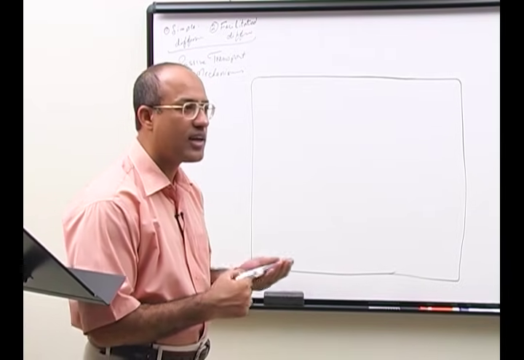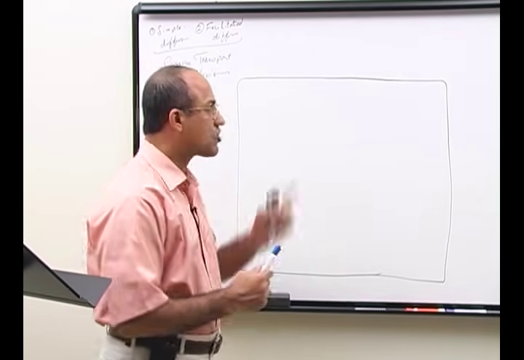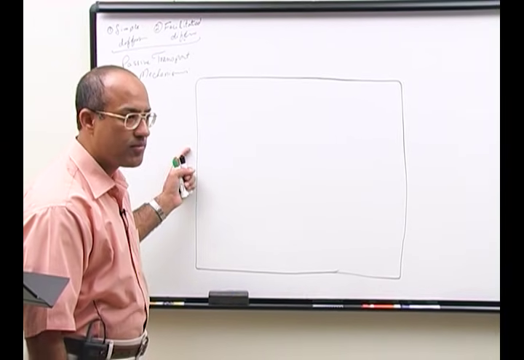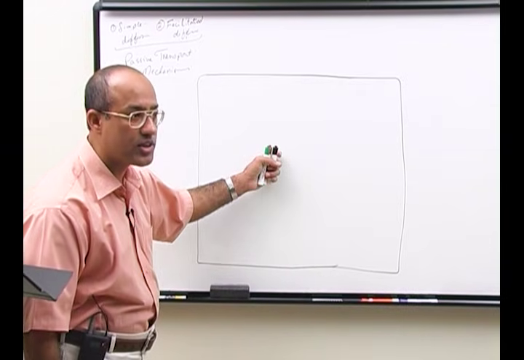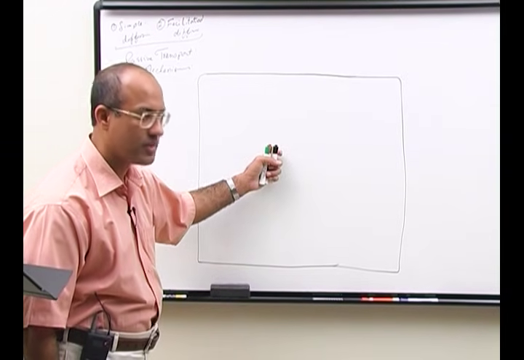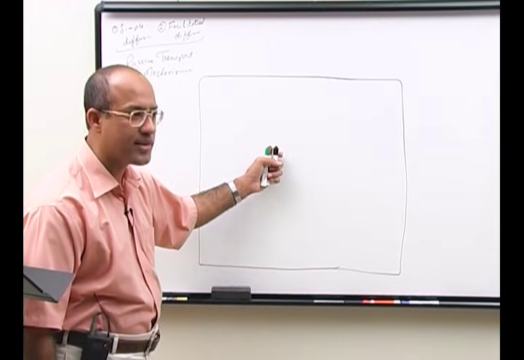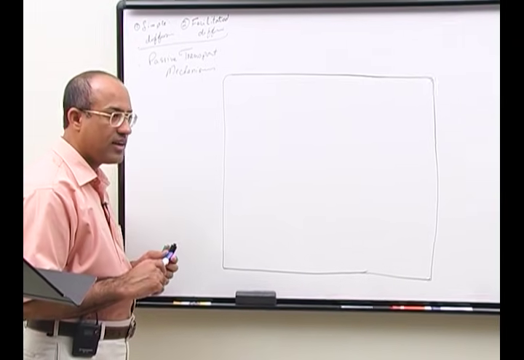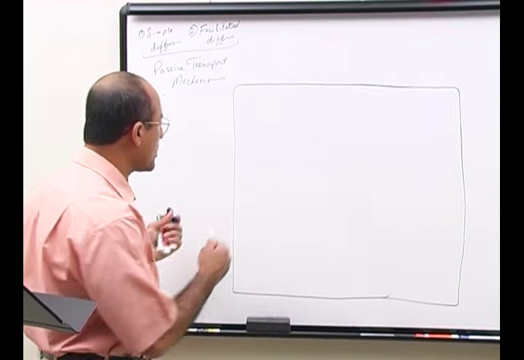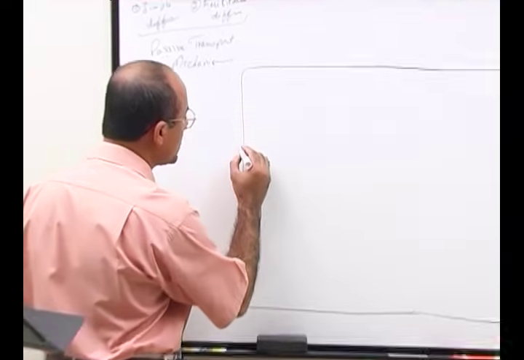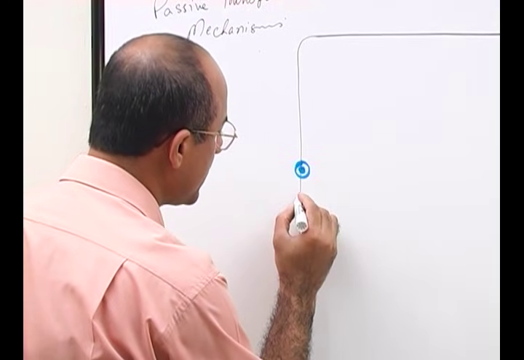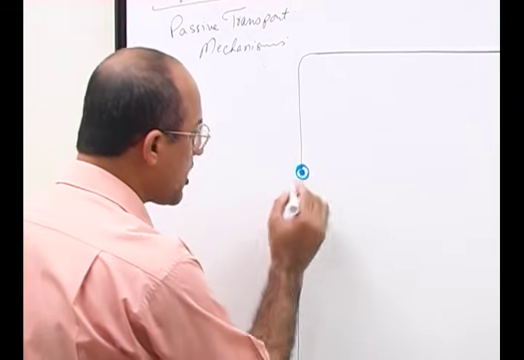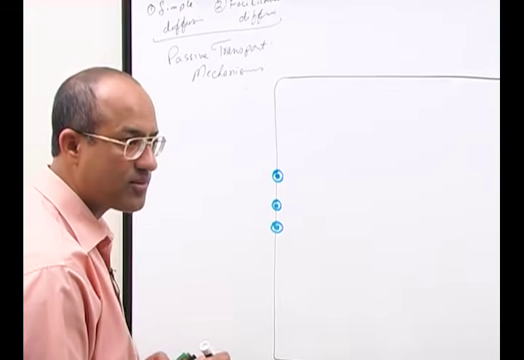As we discussed earlier, the extracellular environment is rich in sodium, and the intracellular environment is rich in potassium. And we discussed why it happens. I was telling you that every cell membrane is rich in a special type of transporter proteins, and these proteins are called sodium potassium ATPases. Now what is the speciality of these proteins?